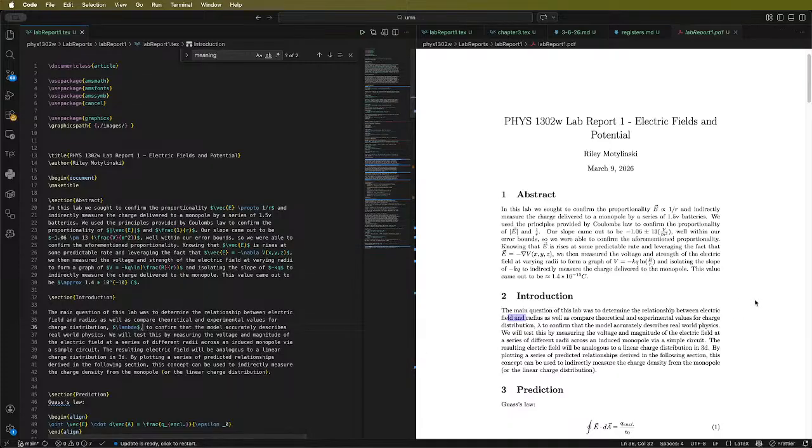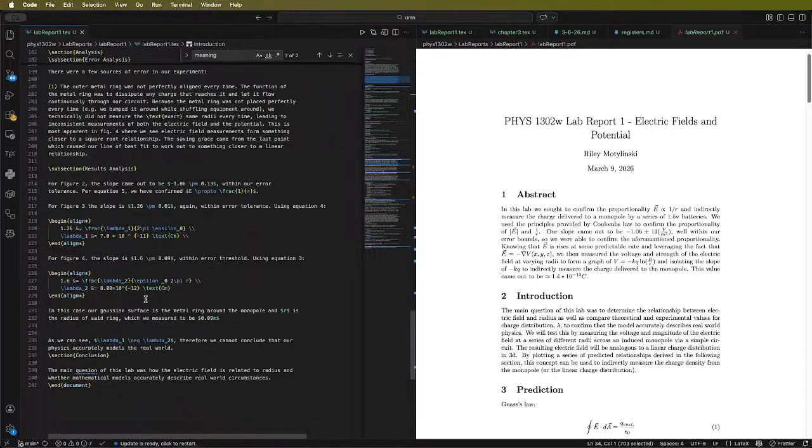Okay, this I'll copy and paste down here.